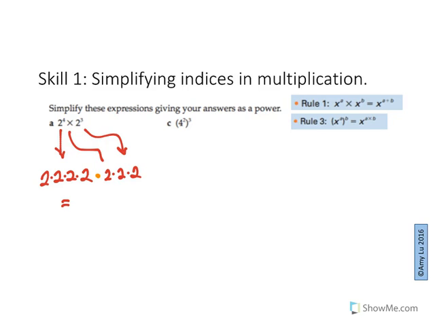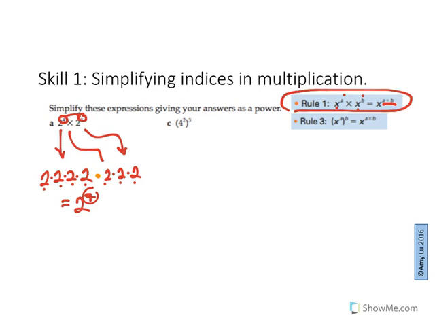This really makes 2 to the power of 1, 2, 3, 4, 5, 6, 7. And this is illustrated in the first rule, where basically when you have the same number with a power in the corner, all you have to do is just add the powers together, because 4 plus 3 makes 7.